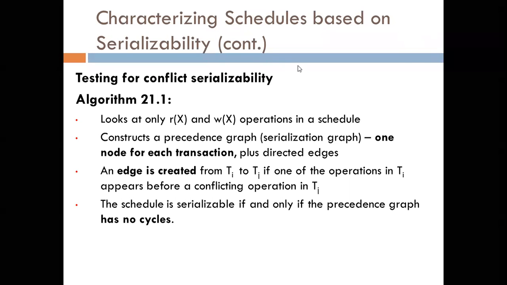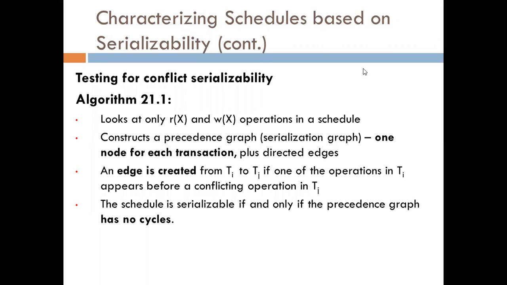So we will continue our discussion with testing for conflict serializability. The algorithm will test for serializability and verify whether any conflict arises between the transactions or schedules. While testing for conflicts, we will only look at read and write operations in a schedule.